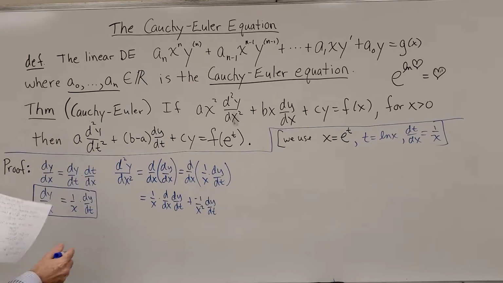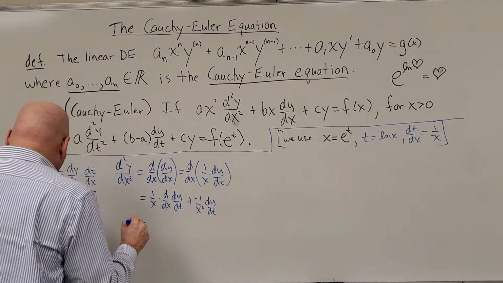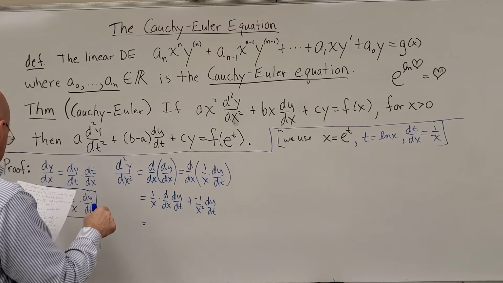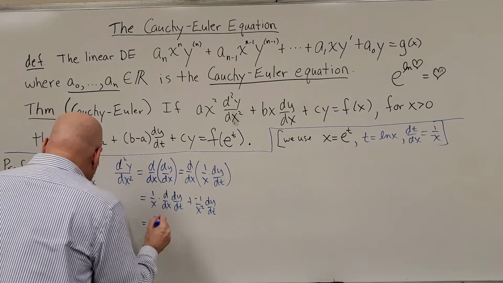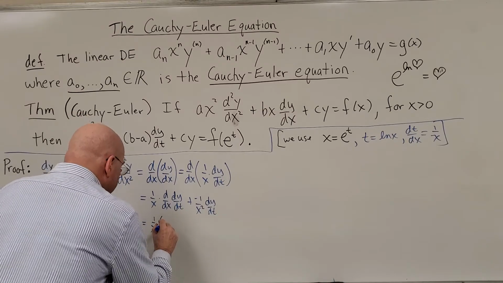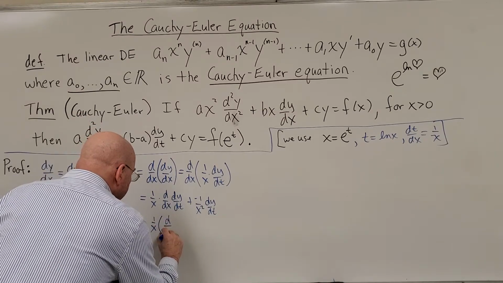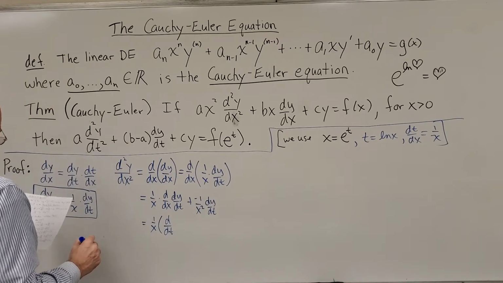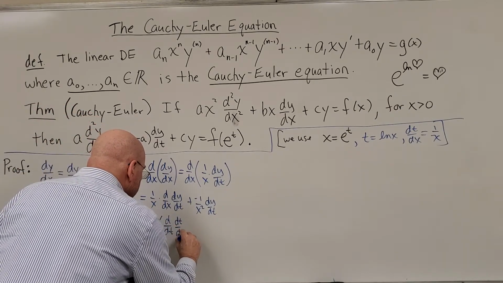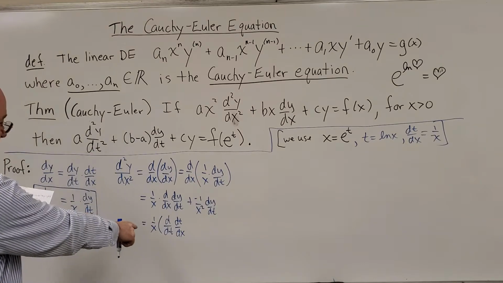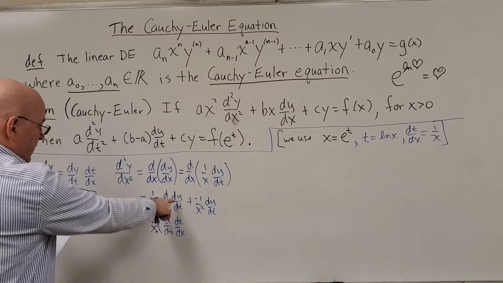All right, well, this is equal to the first term, 1 over x times d/dt of dt/dx. You can see that's just d/dx right here, times dy/dt.